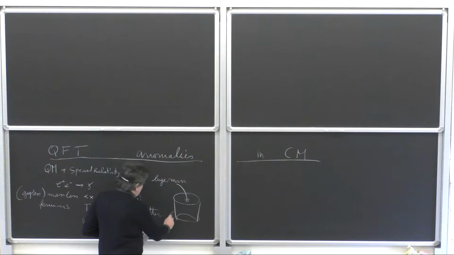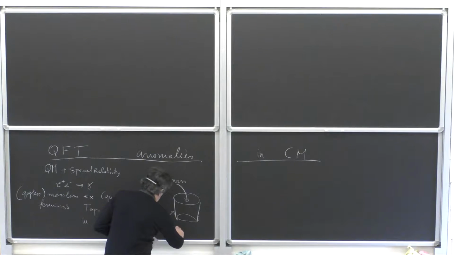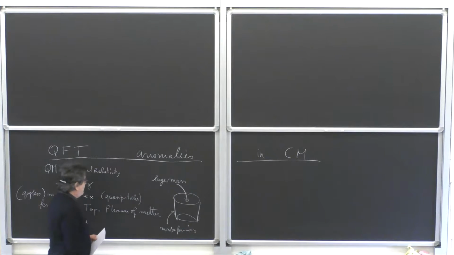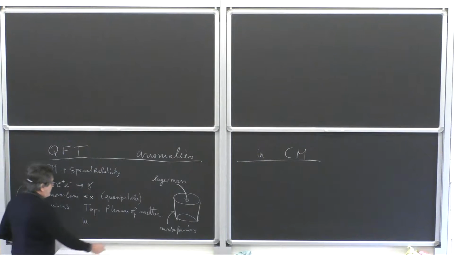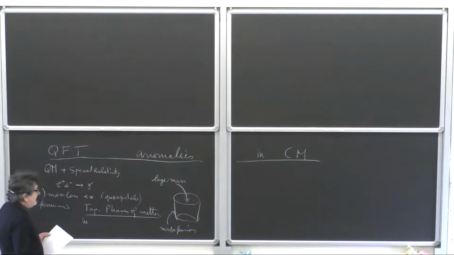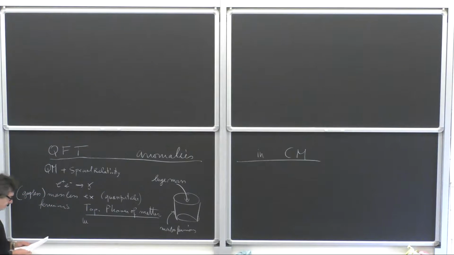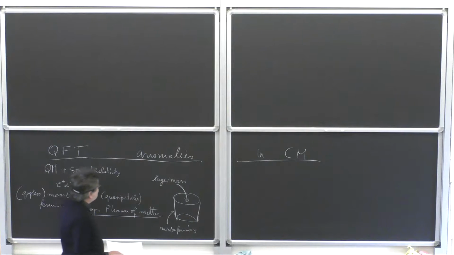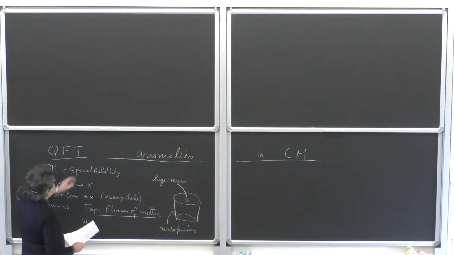But on the boundary, you have massless fermions. That's a typical situation. Massless fermions must be described by quantum field theory. That's the first argument.